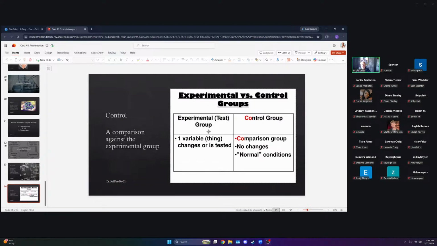Okay? So just know the difference between an experimental group versus a control group, specifically knowing what a control group is. It's just a comparison group against that experimental group that you would expect there to be no changes in. Okay? All right. That's it for the content, but don't go anywhere, okay?